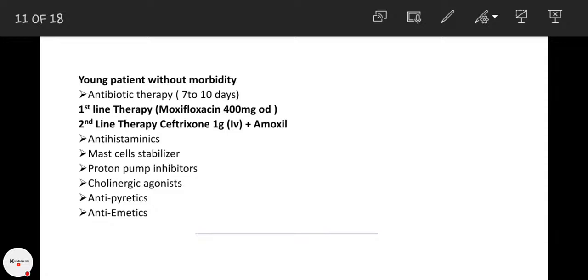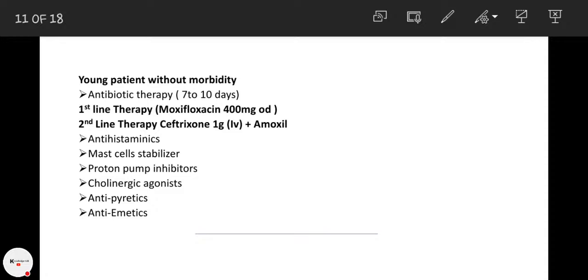If the pneumonia patient also has symptoms of vomiting or nausea, he could be given antiemetics such as domperidone, metoclopramide, ondansetron, granisetron according to the need.